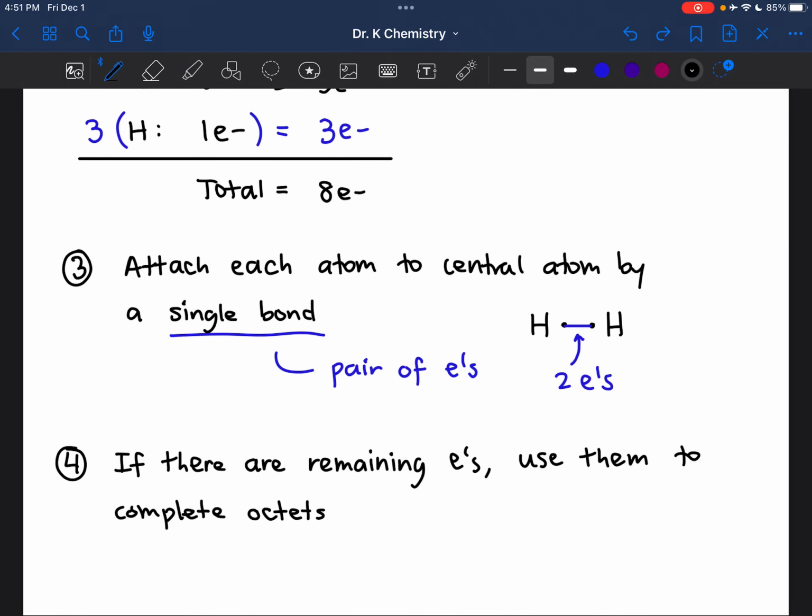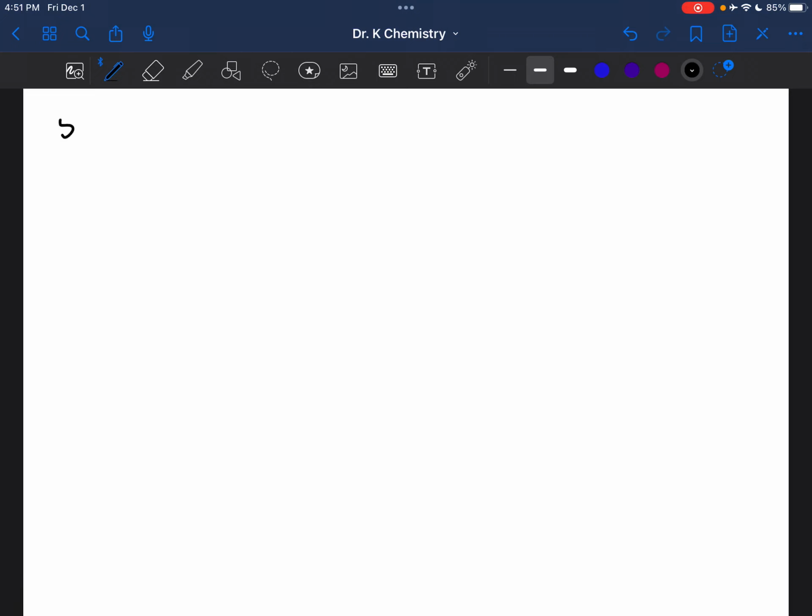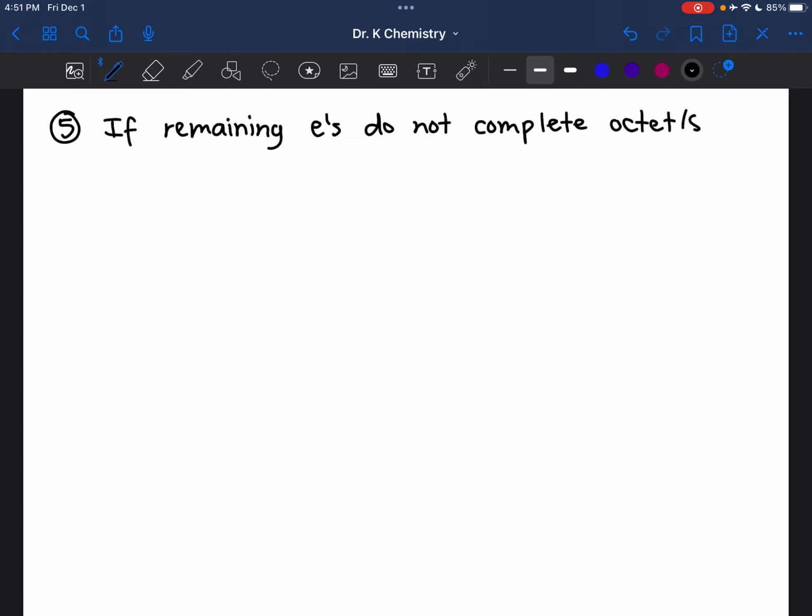In some scenarios, you could run out of valence electrons, but you still need to complete octets. And in that case, if the remaining electrons do not complete the necessary octets, then we will draw double or triple bonds to compensate for that.